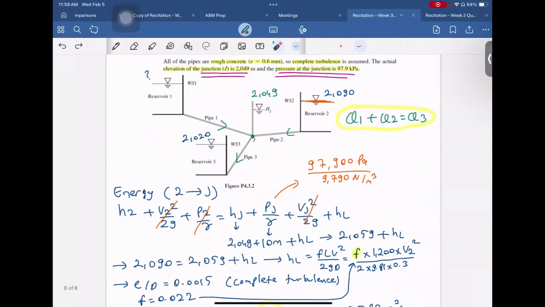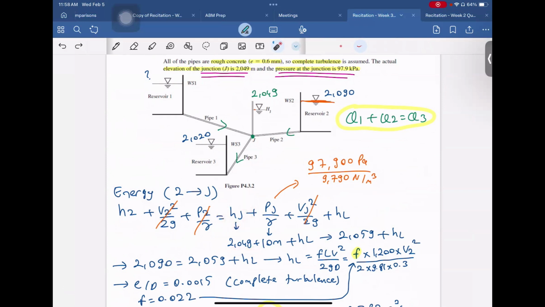And we also wrote energy equations between all of these points. So between reservoir 2 and J, 1 and J, and J and 3. So we started with 2. And the energy level at J is the same for all of these equations because we have the elevation of the junction as 2049.